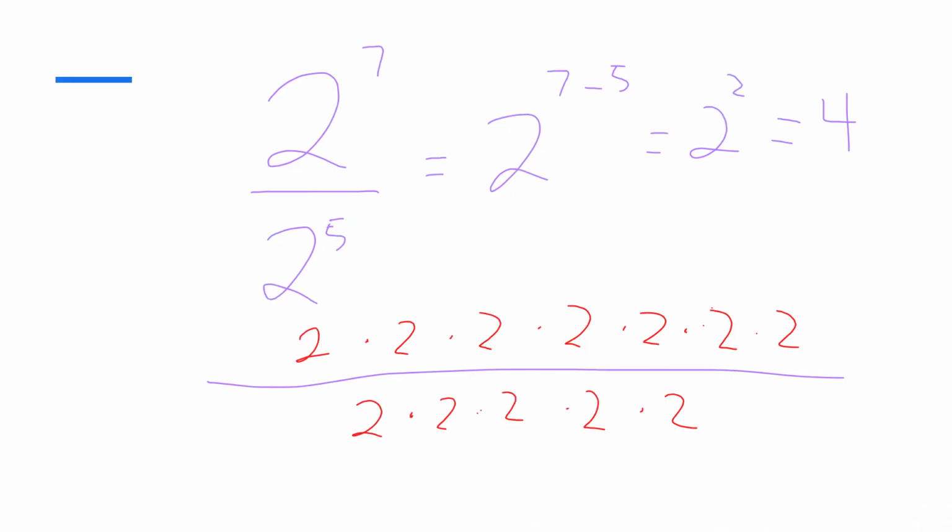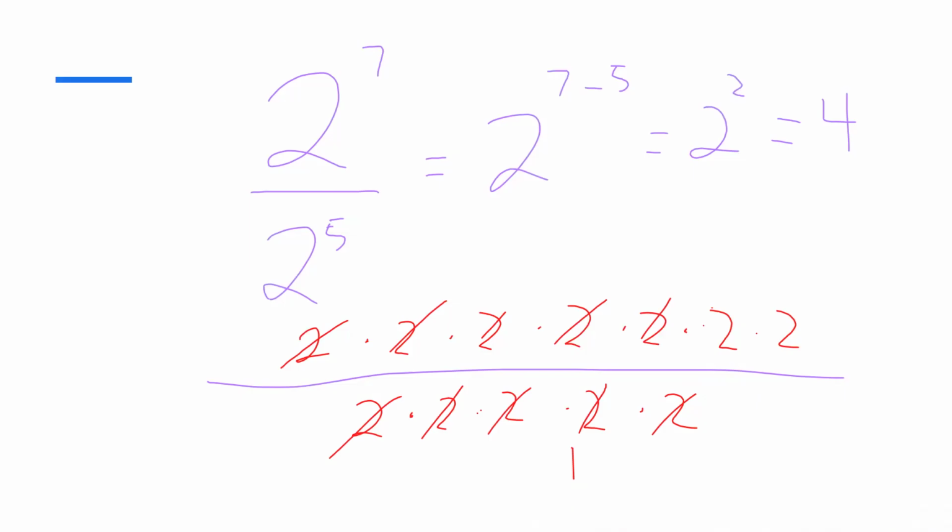So, of course, the top is 2 to the power 7 and the bottom is 2 to the power 5. Because these two are dividing, you can cancel out: 2 will go into 2, five times over. So at the bottom, I'm going to have 1.